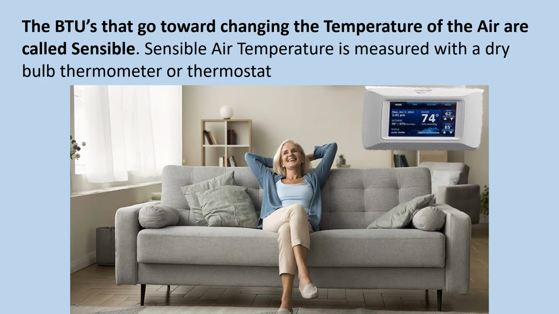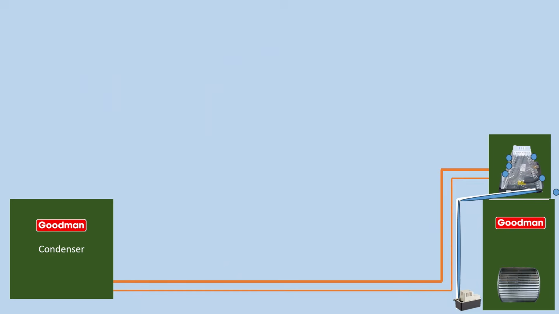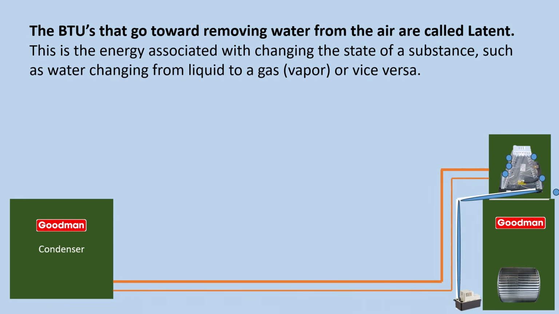The BTUs that go towards changing the temperature of the air are called sensible. Sensible air temperature is measured with a dry bulb thermometer or thermostat. The BTUs that go toward removing water from the air are called latent. This is the energy associated with changing the state of a substance, such as water changing from liquid to gas, vapor, or vice versa.